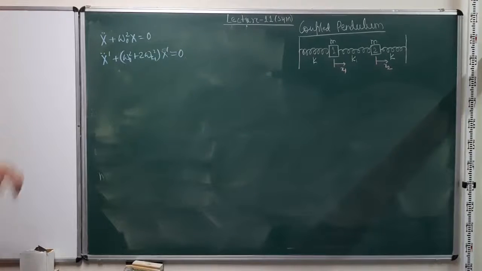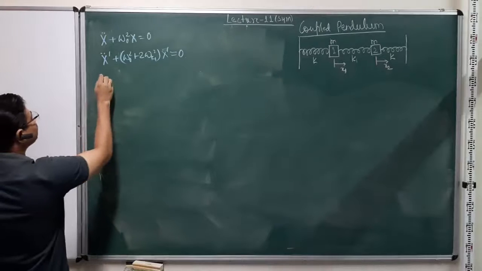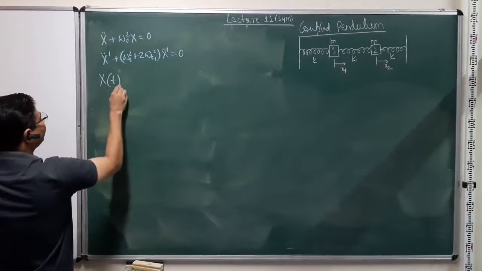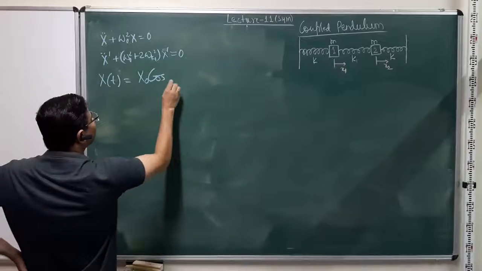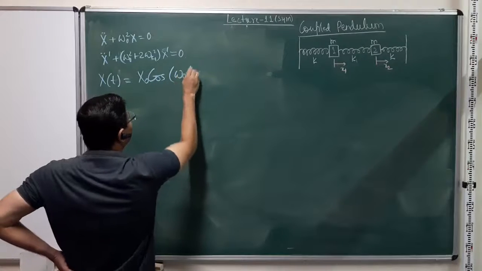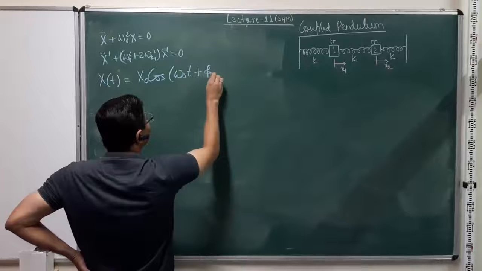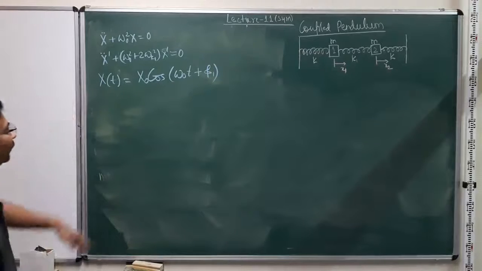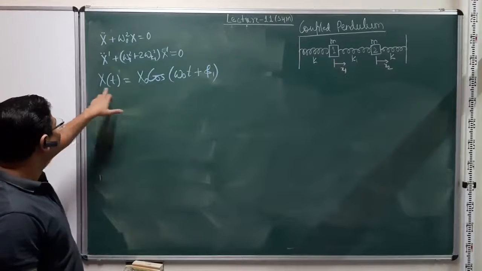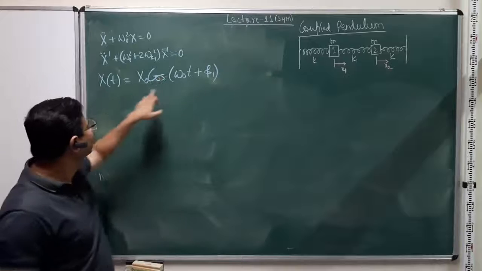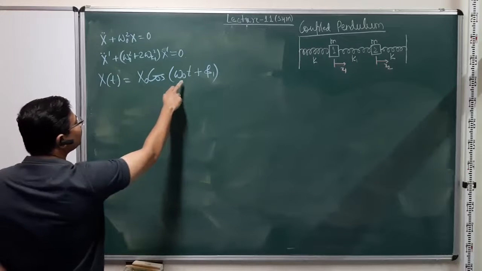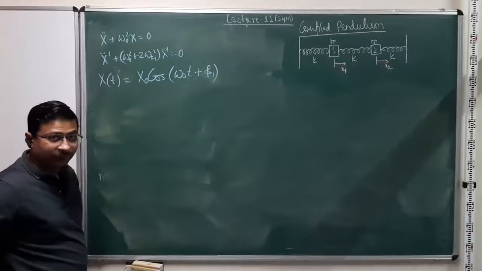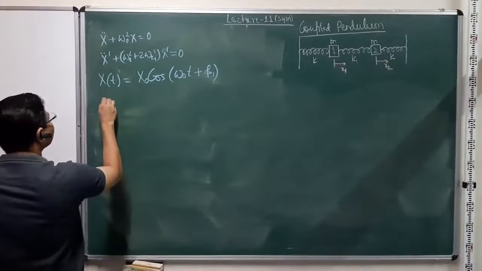So with these two equations, I can write down the solutions. x of t is some amplitude X naught cosine omega naught t plus phi 1, where X naught is the amplitude and phi 1 is the phase factor characterizing the initial conditions, and omega naught is the natural frequency for this particular coordinate.